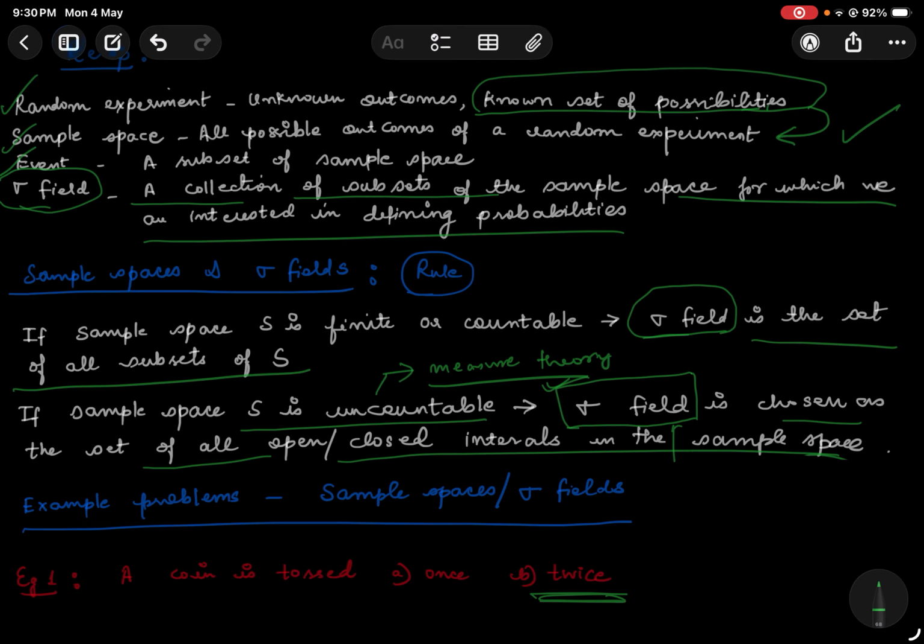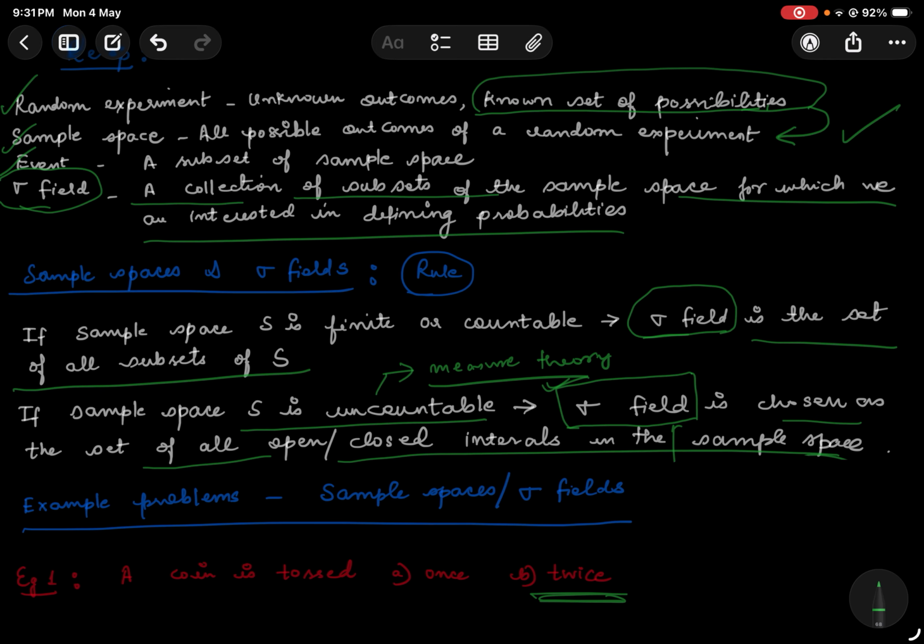And as I have said, sample spaces can be of different kinds. They can be finite, infinite, countable, uncountable. And because of that, you cannot define probability on all subsets of the sample space. That's the issue.